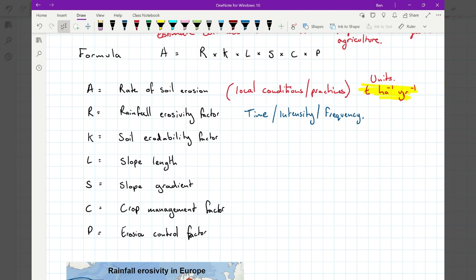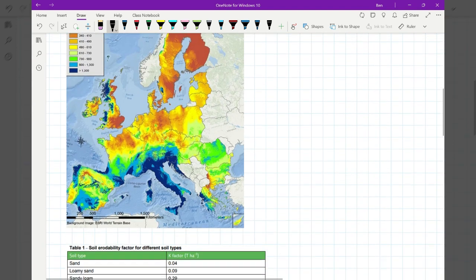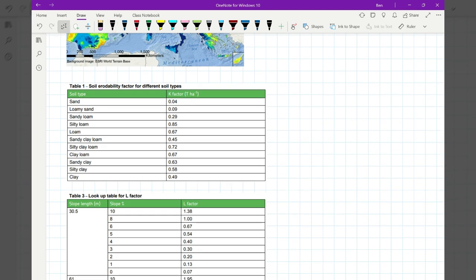The next one is the soil erodibility factor, which is our K. This is typically affected by soil texture. So how easy is it for soil particles to be eroded? And again, we look this up in a table, for different types of soil.